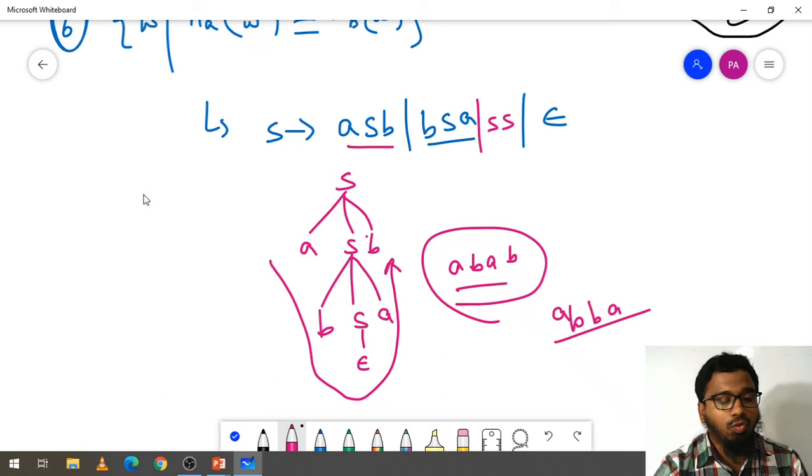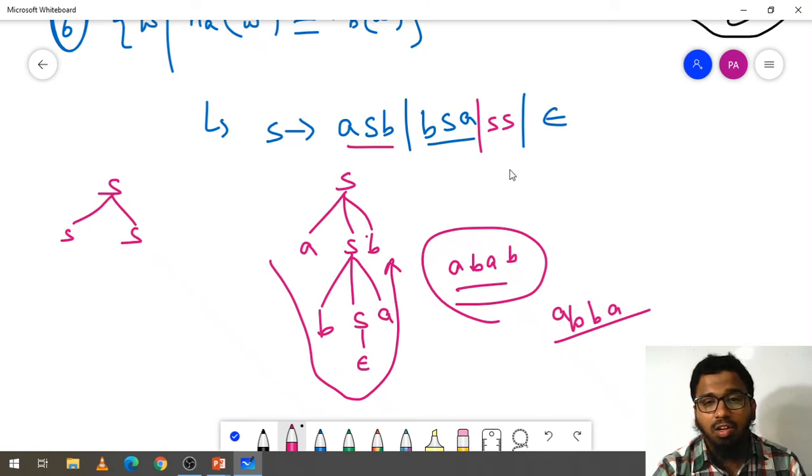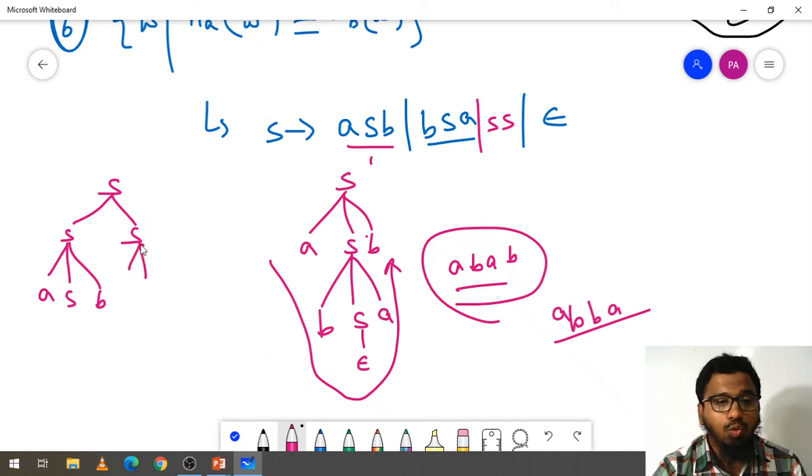I will draw here S, then it will divide into S, S, okay. First I am taking SS, the next is I am taking the first one here A S B, and here in this S I am taking this one, B S A.